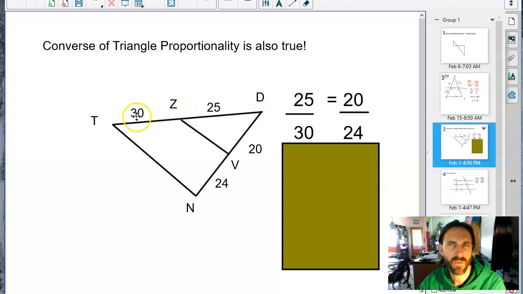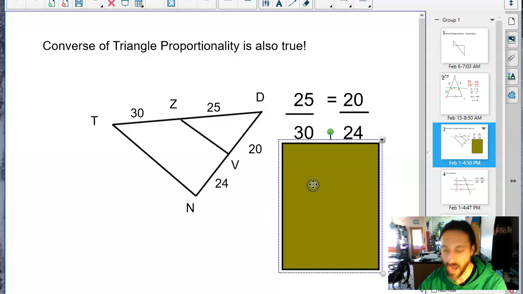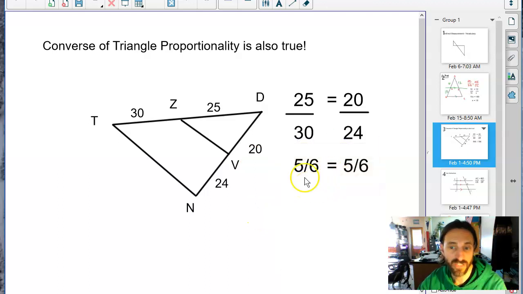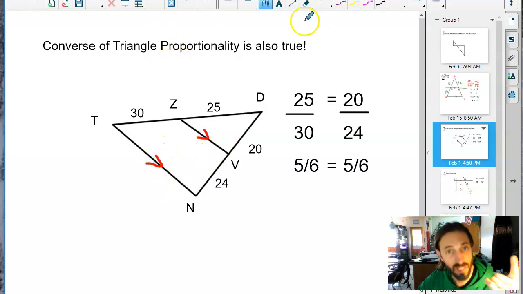But wait a minute, this might mean that this is a parallel line, and therefore I would have a triangle proportionality set up. So let's test it. 25 over 30 goes with 20 over 24, and if I simplify both of those fractions, I get 5/6 equals 5/6. Therefore, I know right off the bat that these triangles are similar and that these two lines here are parallel.